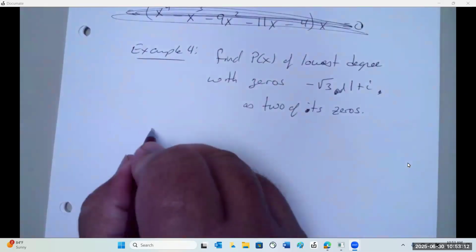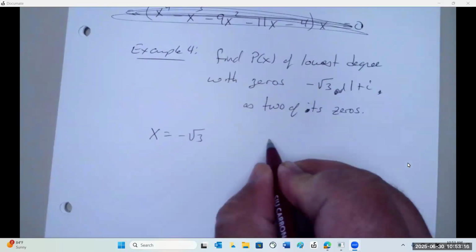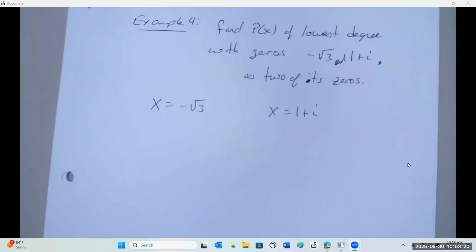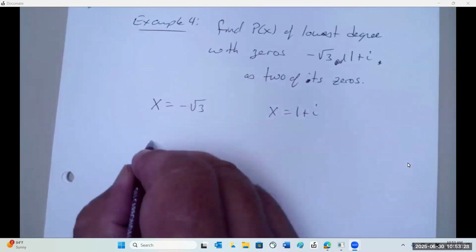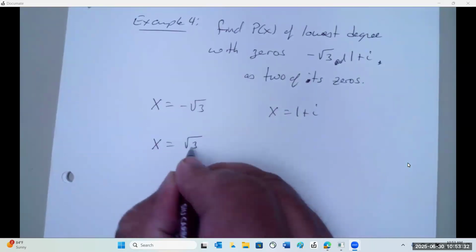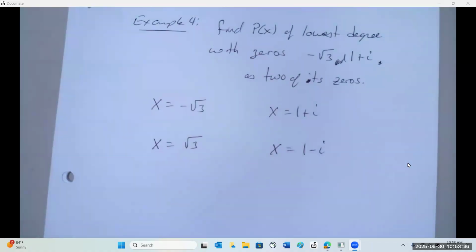Because my zeros right now are what? Negative radical 3 and x equals 1 plus i. How many zeros am I missing? 2. I need 1 zero to be positive radical 3. I need 1 zero to be 1 minus i.